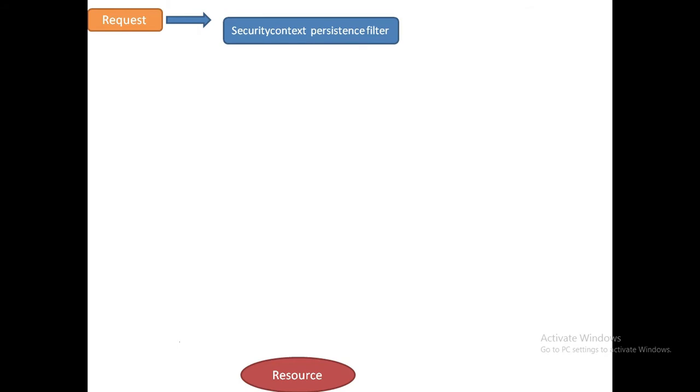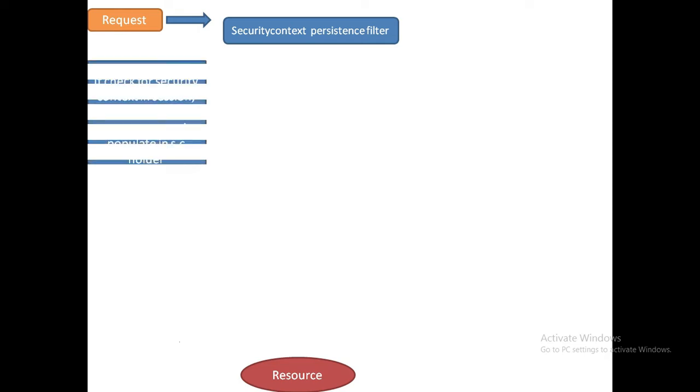security context persistence filter. Means the request has already passed through the delegating filter proxy, then it comes to the filter chain proxy, and after that it comes to the security context persistence filter. So what work does this security context persistence filter do?